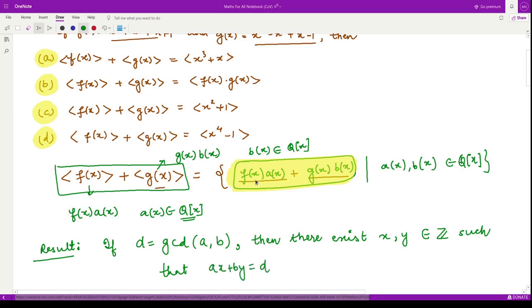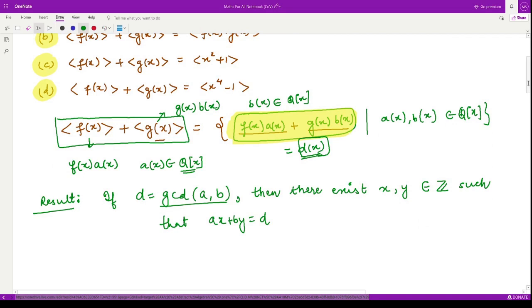So now we have f(x)a(x) plus g(x)b(x), which is d(x), and this d(x) is the GCD of these two polynomials.